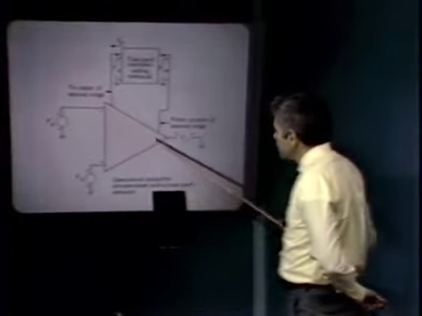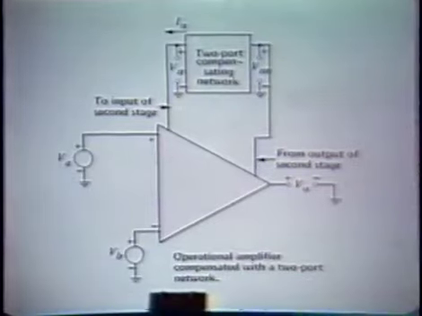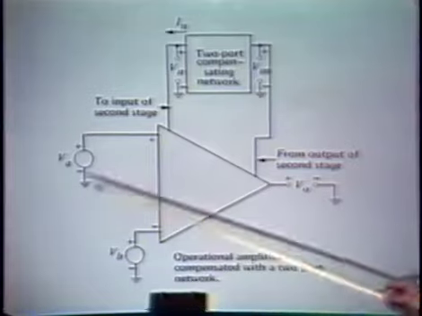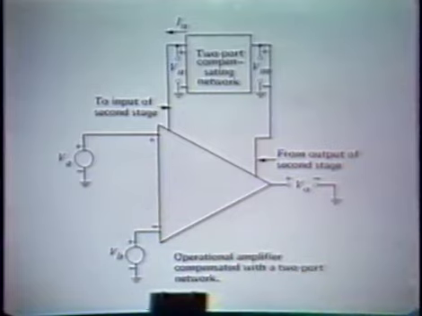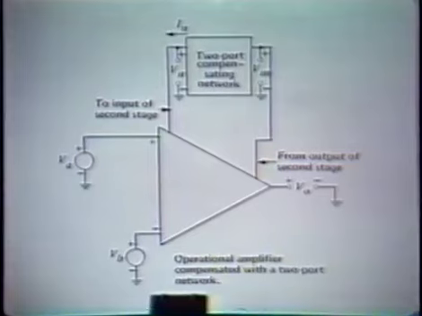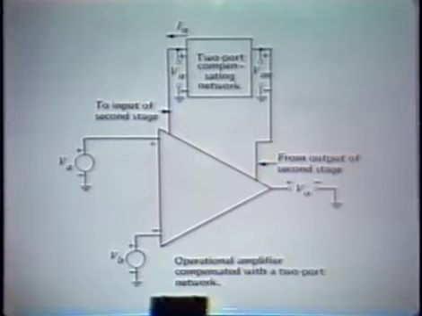Here we have the symbol for the operational amplifier anyway. And a very common way of designing these amplifiers is to basically use a two-stage design. There's some sort of an input differential stage that takes the difference between the two voltages applied to the input terminals of the operational amplifier, generally providing an output current proportional to that difference.